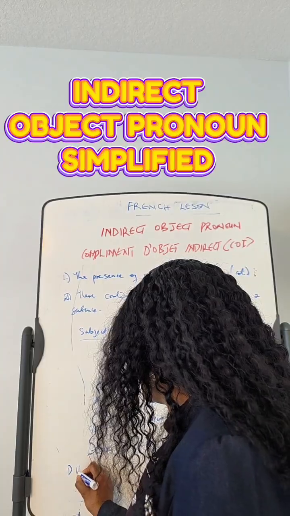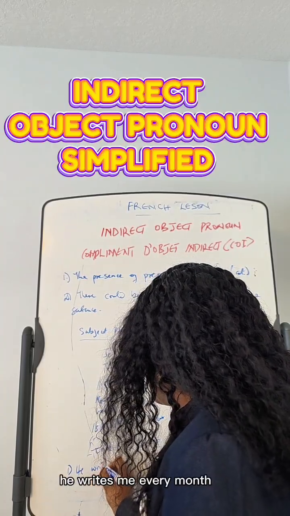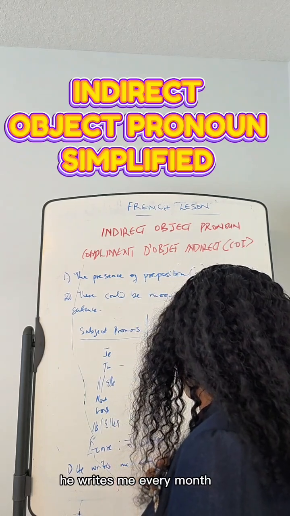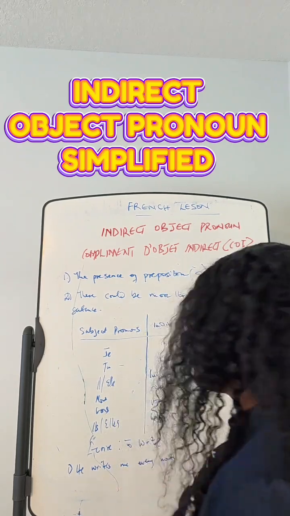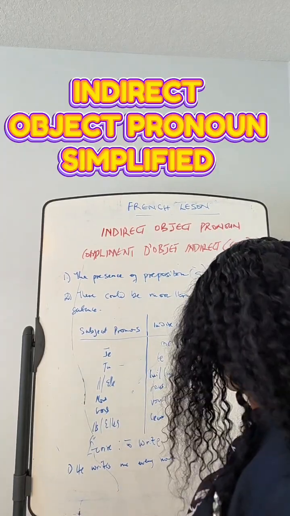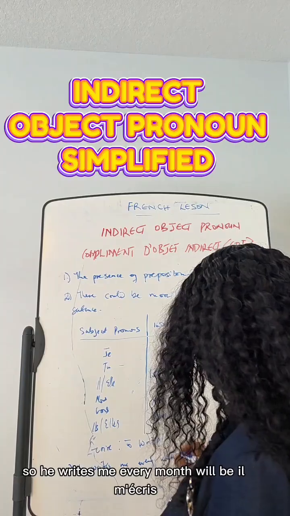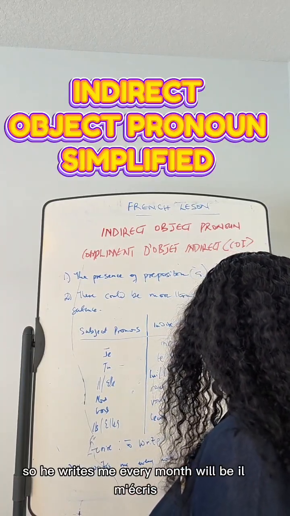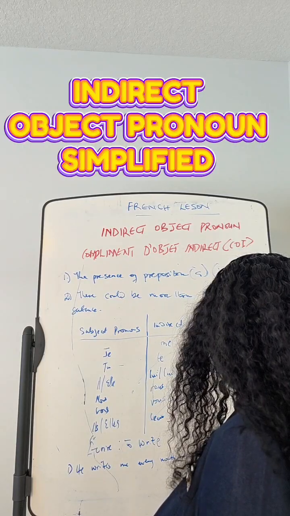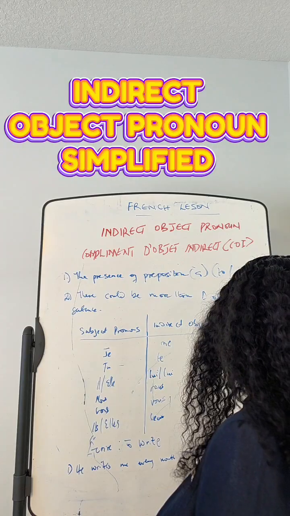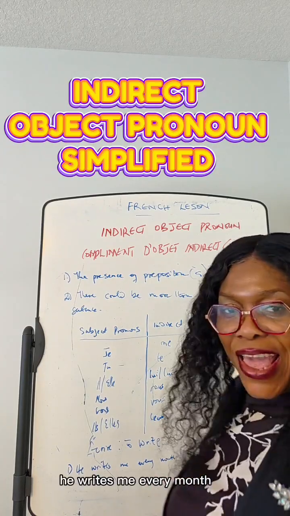Example one, he writes me every month. He writes me every month will be il m'écrit chaque mois.